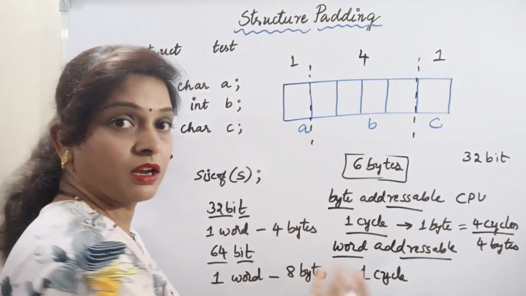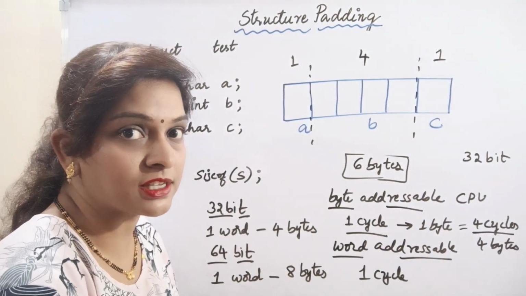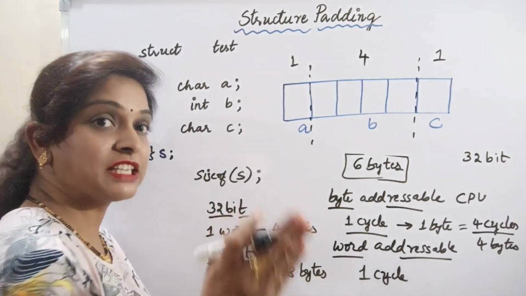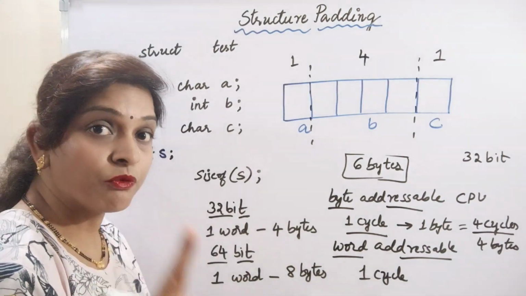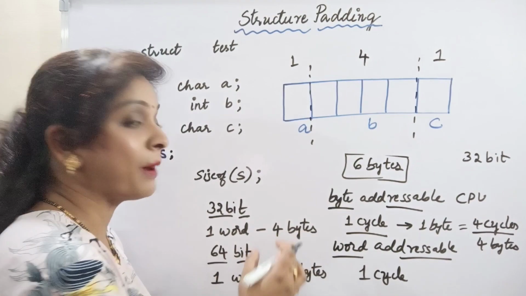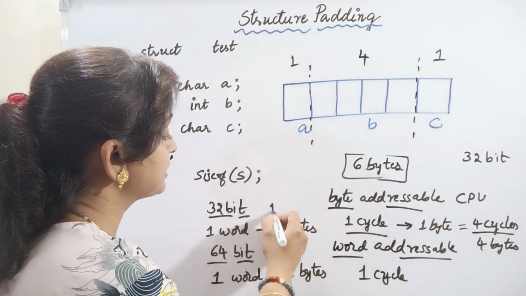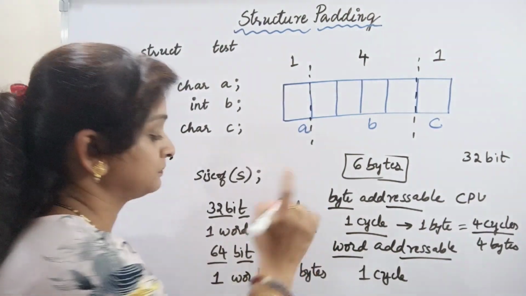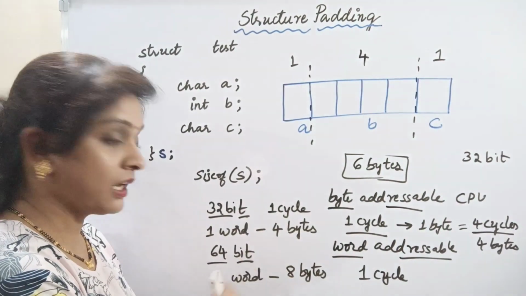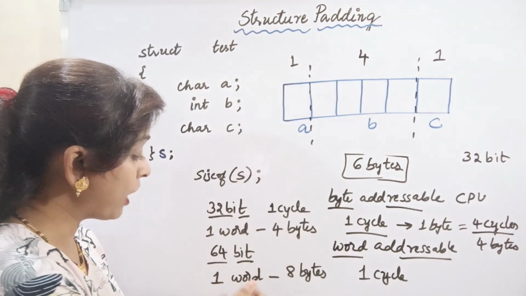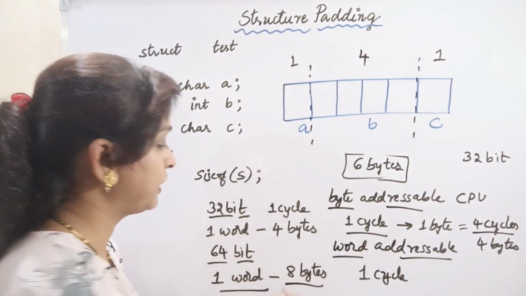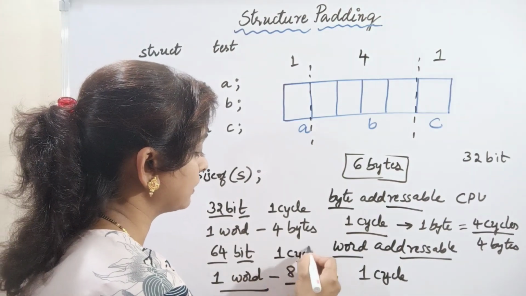But nowadays the processors are word addressable. In a 32-bit machine, if the CPU is accessing one word, 4 bytes of data will be accessed in one cycle. If it is a 64-bit machine, then one word means it is accessing 8 bytes of data in one cycle.